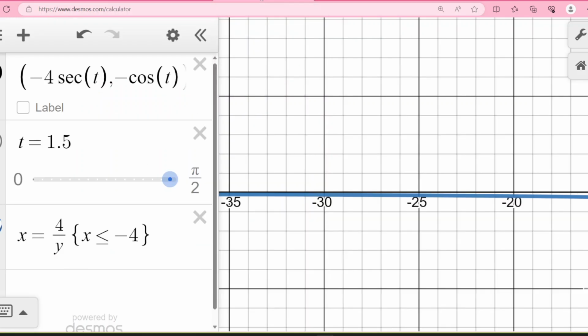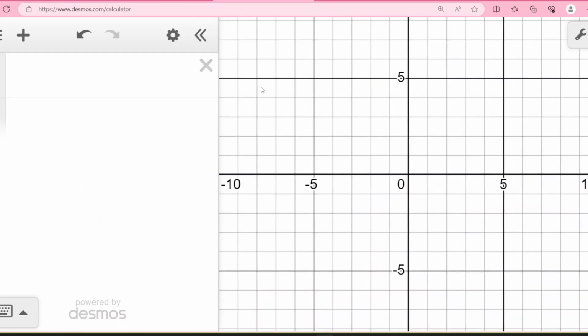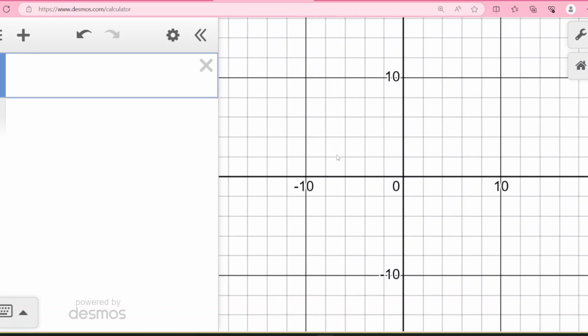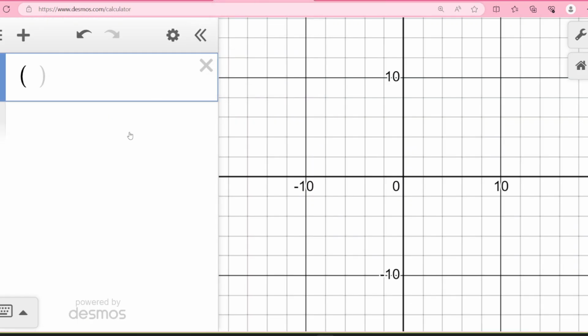Let me put these in. Back here, let's zoom this out a bit. So we had our x coordinate given as 9 times the hyperbolic sine, sinh, of 9t, comma, and then 9 hyperbolic cosine, cosh, of 9t, right?